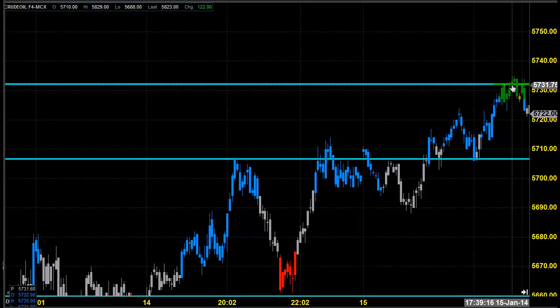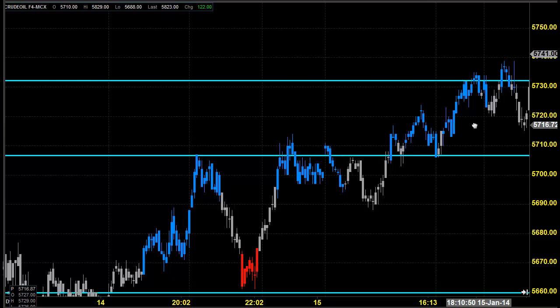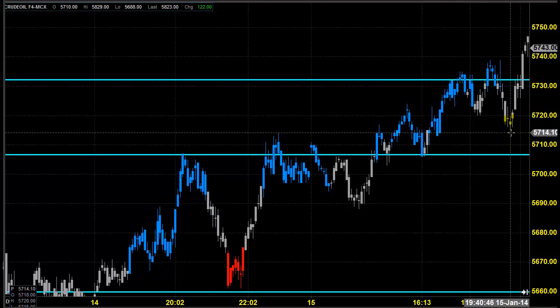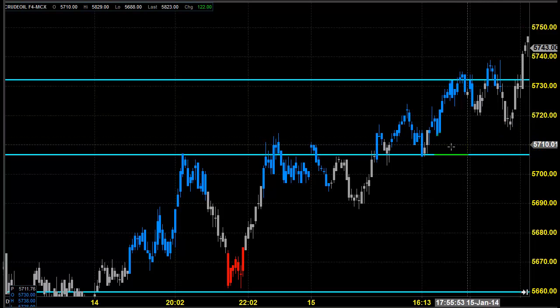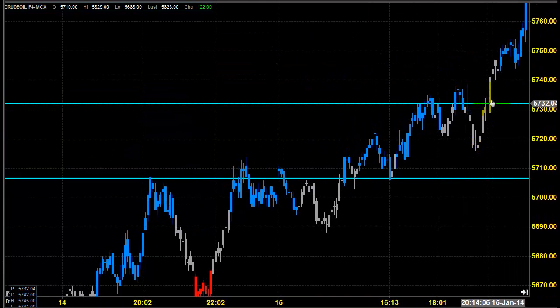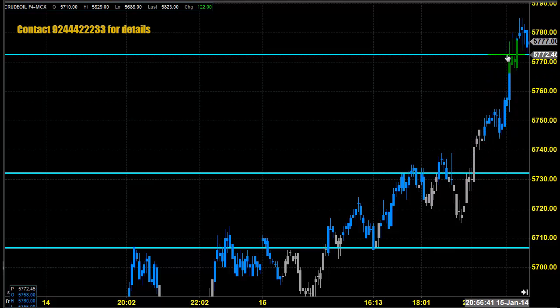Then the price went and hit the next resistance zone, where it again found a resistance. You can see so many times the price was trying to hit this resistance, and there was a minor drop like we expected. Whenever we hit a resistance, there will be some minor drop. After that, the price cleared this resistance zone also, and was traveling towards the next resistance.